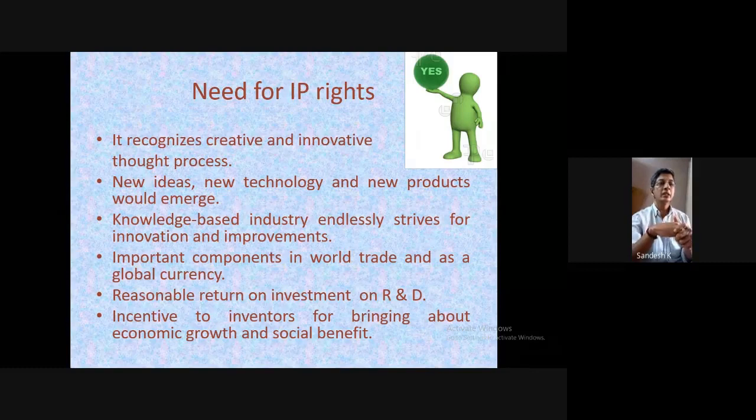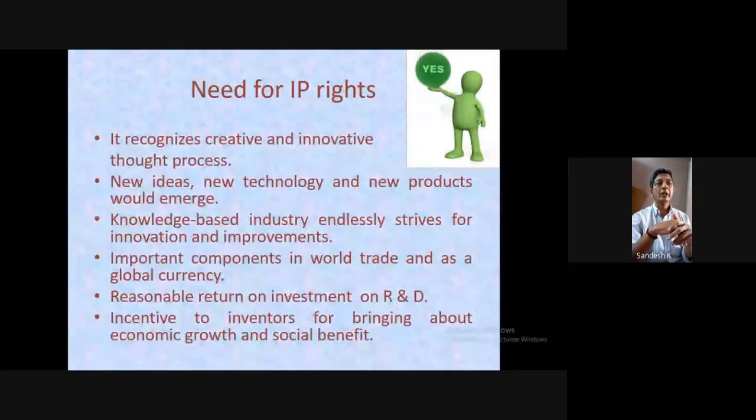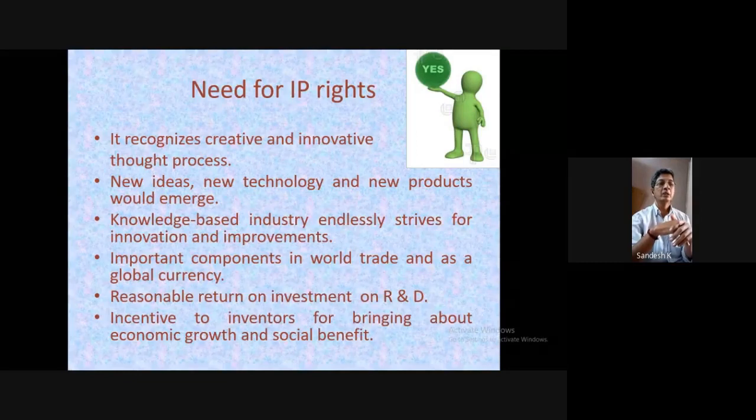Then IP rights are the global currencies in world trade, and they give you a reasonable return on R&D investment. Then they give the incentive to the inventors for bringing out economic growth and social benefit. That's the ultimate goal. The inventors are contributing to social benefit as well as economic growth.